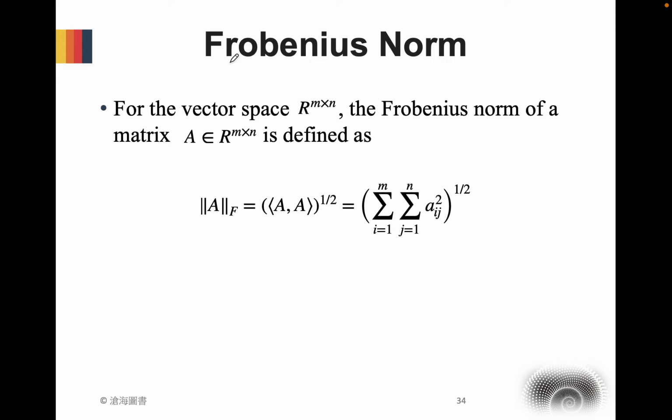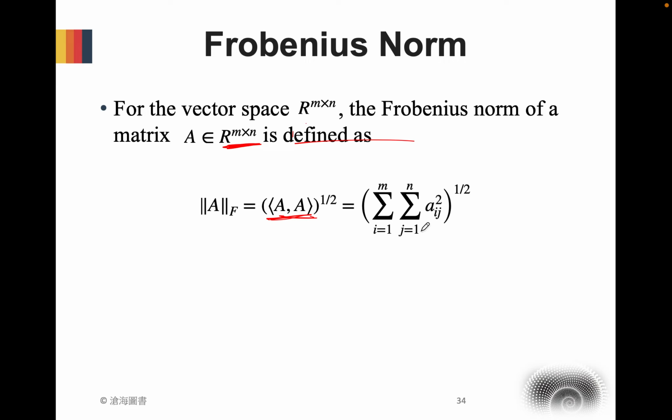Okay, so what is the Frobenius norm? For a vector space R including all the real n by n matrices, the Frobenius norm of a matrix A in this vector space is defined as the square root of the inner product between the matrix A and the matrix A. So what is an inner product between matrices?